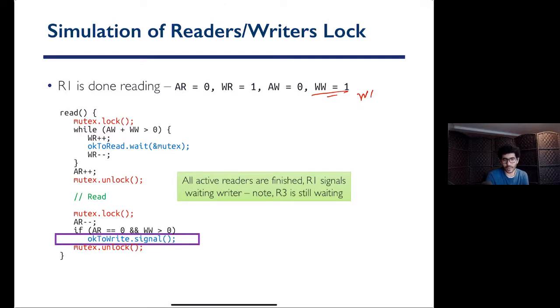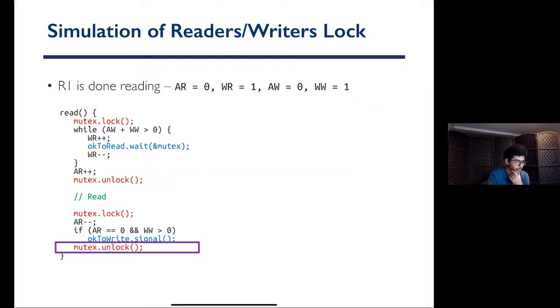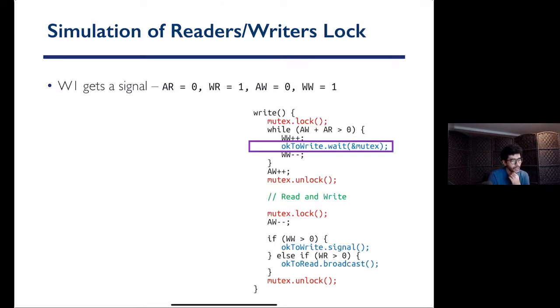We don't necessarily start executing it; we just put it on the ready list so that the scheduler can schedule it at some point. Now we get out. Let's say there are no other threads in the system, so the operating system picks W1 to execute. W1, who received the signal, is no longer a waiter, but it has to check. So after this line, it's going to go up and check again.